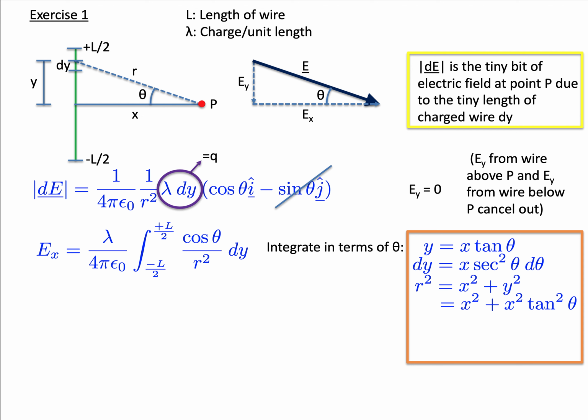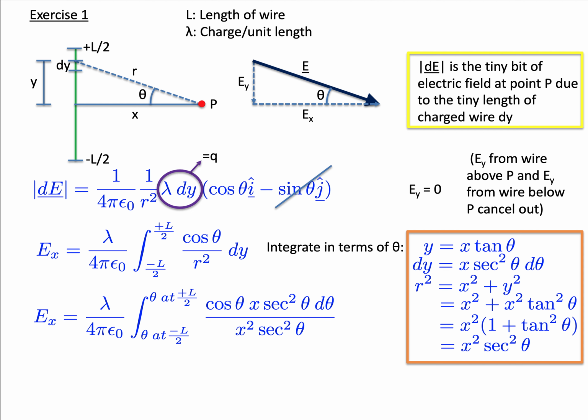It doesn't change as we move down the wire, so x is the same for every single segment dy. So we can simplify the r squared like that. So subbing all of those in to our integral gives us this.